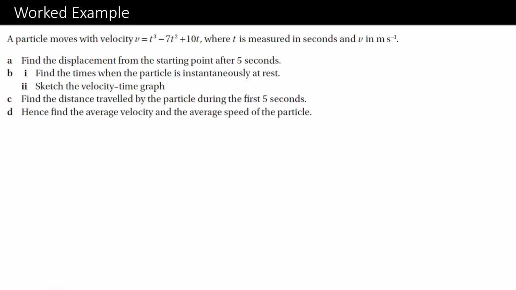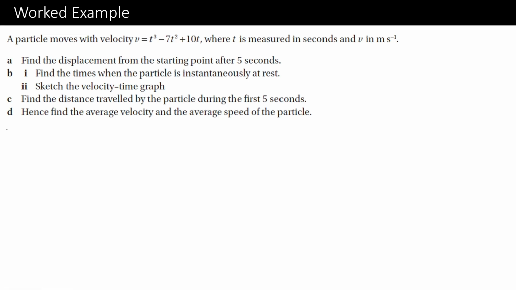So moving on to our last question, it says that a particle moves with velocity v equals t cubed minus 7t squared plus 10t, where t is measured in seconds and v in meters per second. For the first part, the question is asking us to find the displacement from the starting point after 5 seconds.